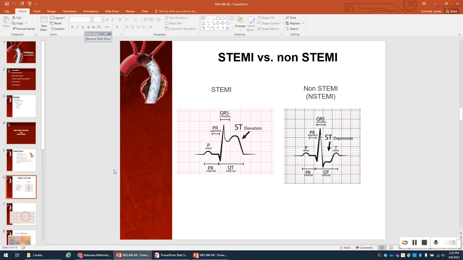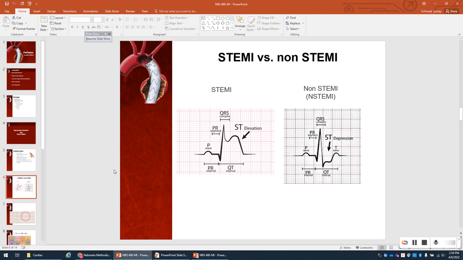So we can classify things into 2 different categories. You've probably heard the term STEMI versus a non-STEMI. Which would classify STEMI with ST elevation indicated on the left here, and a non-STEMI can be present, but usually is signified as ST depression or non-ST elevation.